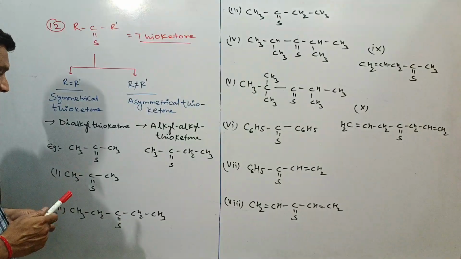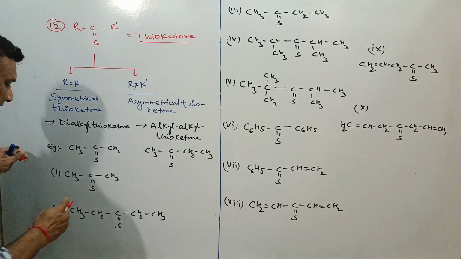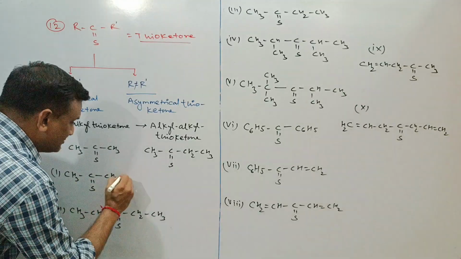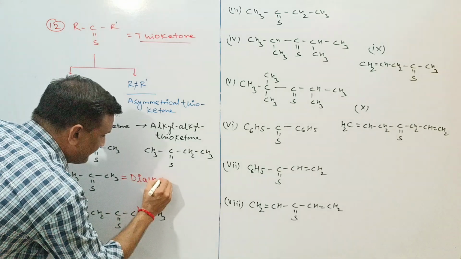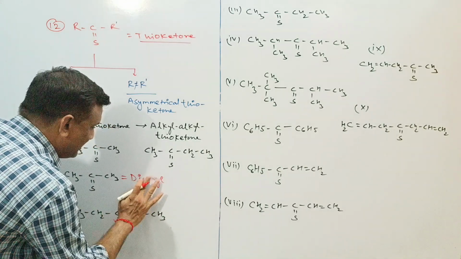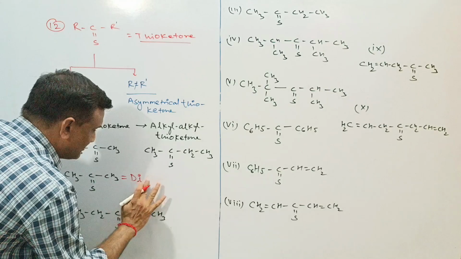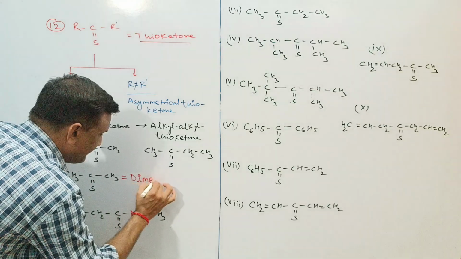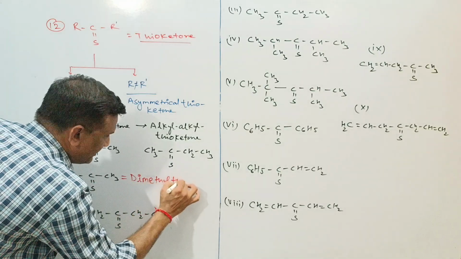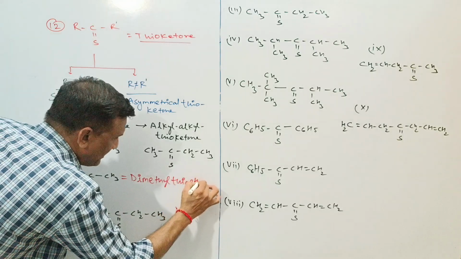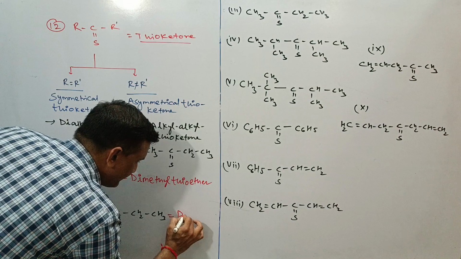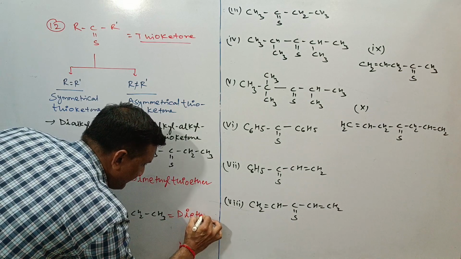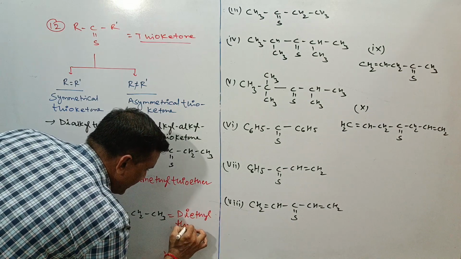First of all, we'll go with the first compound. Both are the same alkyl group, so it is called dialkyl. As the alkyl group is methyl, it will be dimethyl thioether, dimethyl thioether. This is the diethyl thioether.